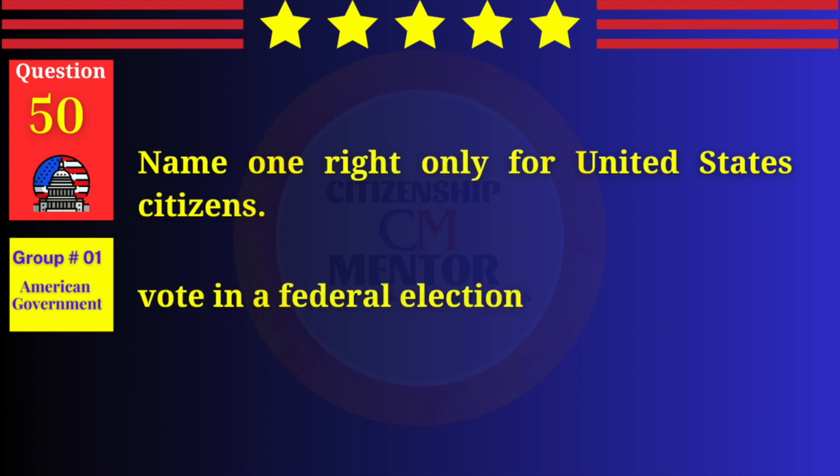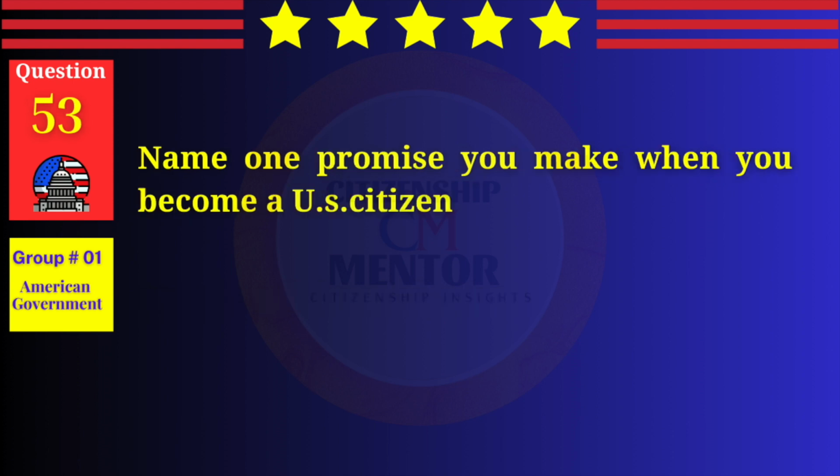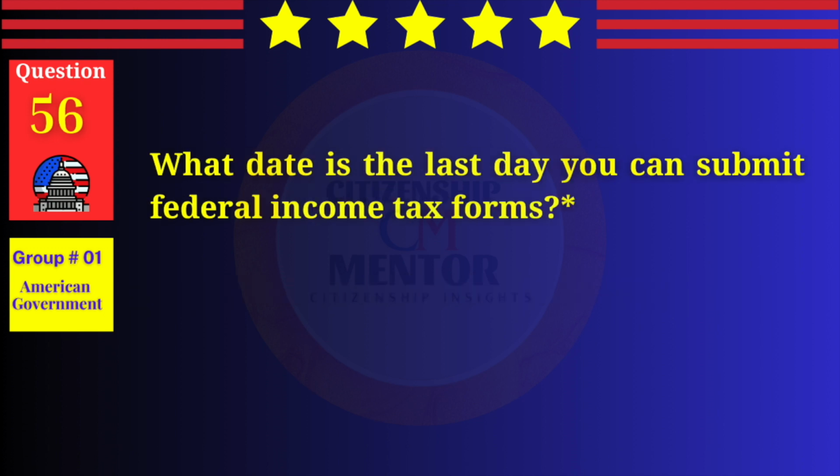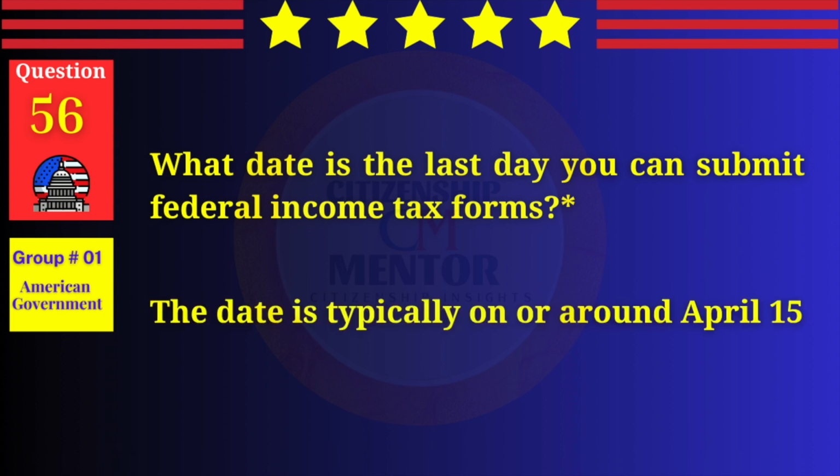Vote in a federal election. Name one promise you make when you become a U.S. citizen. Obey the laws of the United States. What date is the last day you can submit federal income tax forms? The date is typically on or around April 15th.